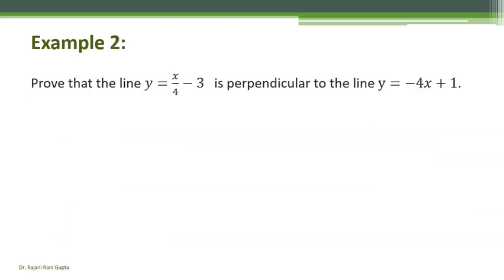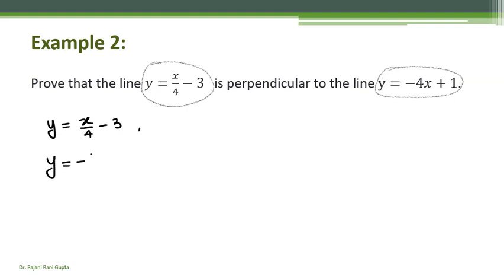Let's take another example. Now you have this line y equal to x over 4 minus 3, and y is equal to minus 4x plus 1.